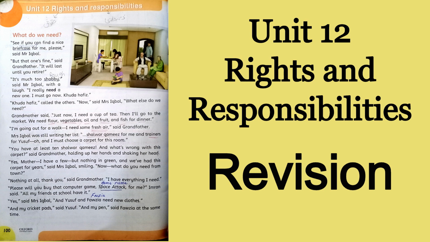First of all, we will revise what human rights are. Students, human rights are the basic rights and freedoms that belong to every person in the world from birth until death.